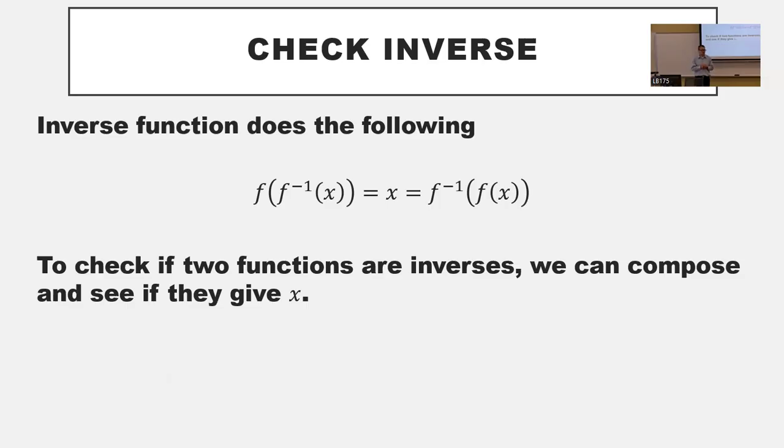Remember, function composition is how we determine inverses. So if I want to figure out if two functions are inverses, I just have to compose them. If I compose them and I get out the identity function of x, then those two are inverses. If I get out anything else, then they're not inverses.